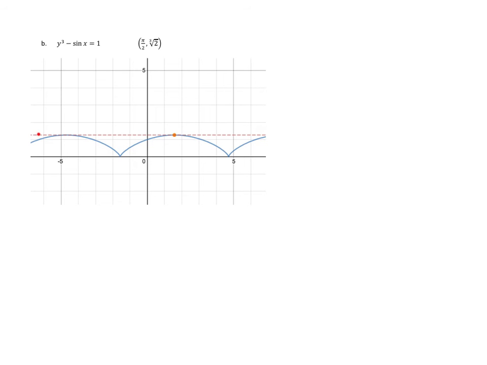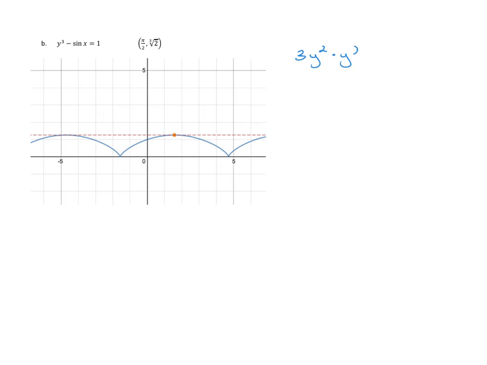All right, let's find the equation of this tangent line at the point (pi over 2, cube root of 2). Kind of looks like it's a horizontal line, which means this will be a pretty easy equation. But just to be careful, I'm going to take the derivative of this equation to get the slope of this line at this point. The derivative of y cubed is 3y squared times y prime.